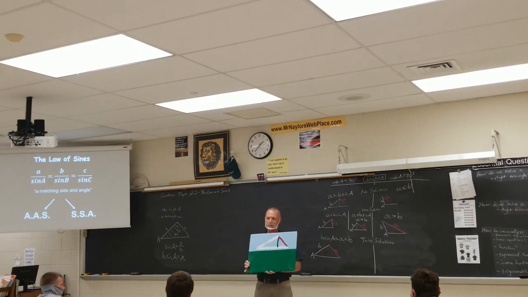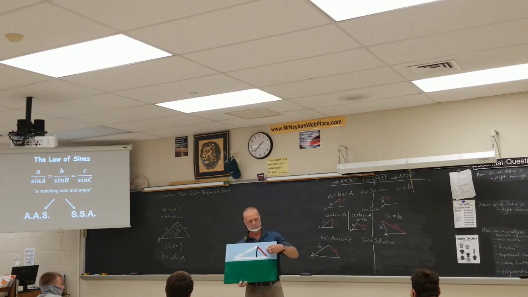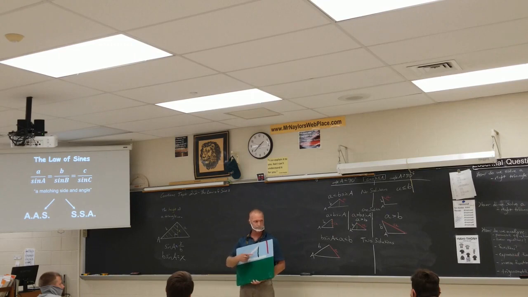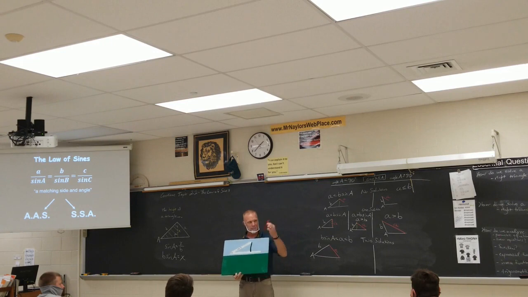So can you tell the rest of the story? How else can you place side A onto this felt board? And mind you, angle A will not change, side B will not change, the height will not change. Yet you'll get a whole different triangle if you put side A in a new place.